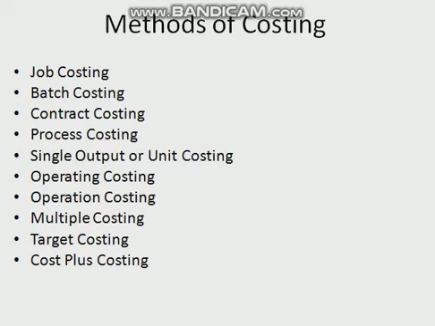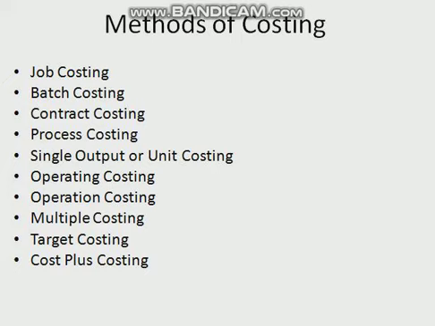Process costing is used where production of one or more products is carried out and costs are compiled for each process or department by preparing a separate account for each process. In this method, we make many process accounts. For example, in chemicals, petroleum, textiles, we make process A account, process B account, process C account, and cost of each process is ascertained.